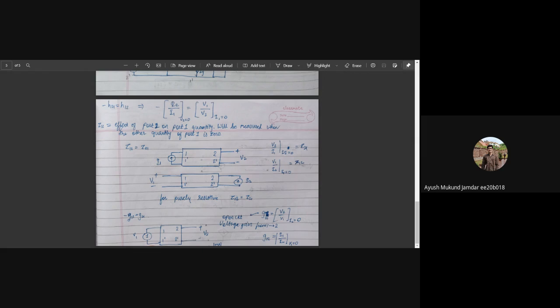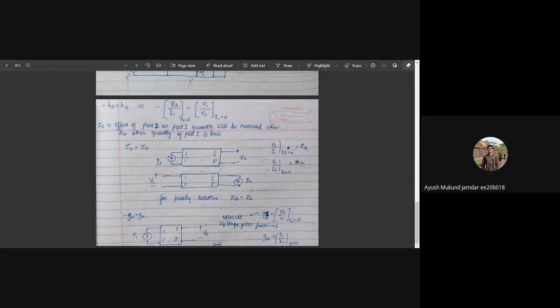I would like to reiterate what these parameters mean. Z12, taking an example, what is it? It is the effect of port 2 on port 1, and that will be measured when the other quantity of port 1 is 0. Z12 is V1 by I2 at I1 equal to 0. That is what the parameter means.